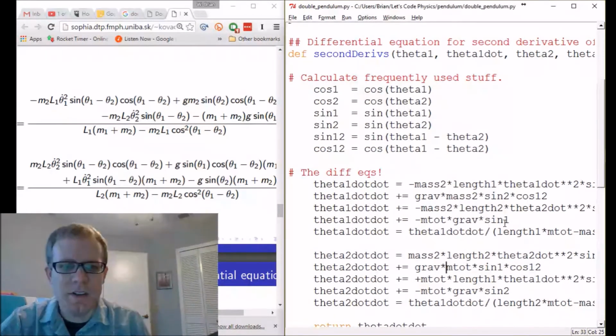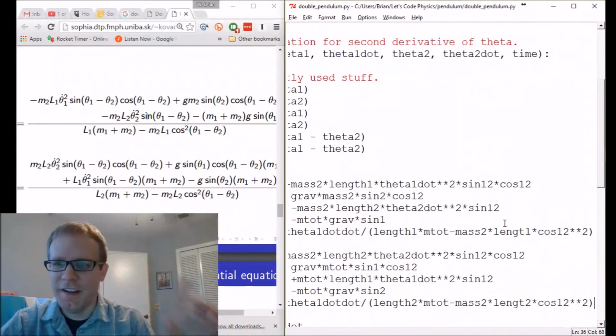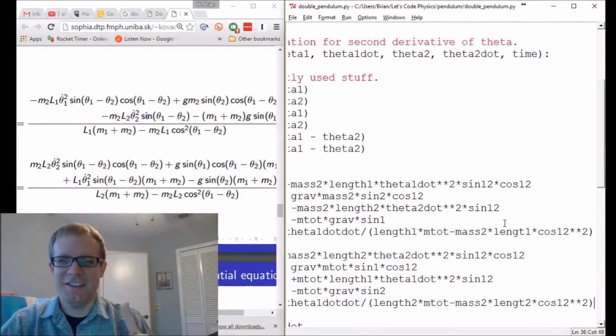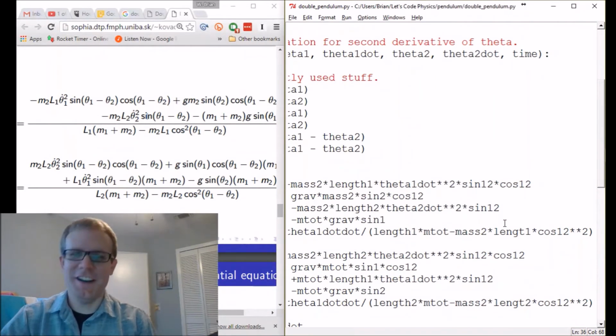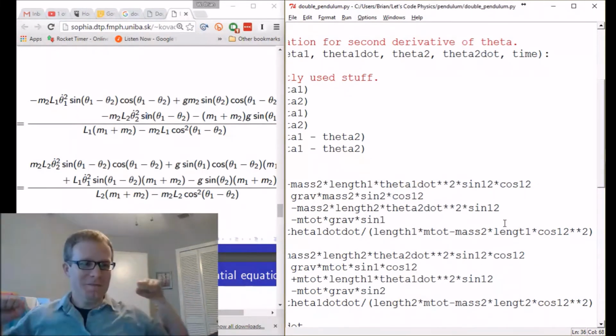Plus gravitational field m total cosine 1 2 sine 1. Plus mass total, length 1, theta 1 dot squared, sine 1, 2, and then minus m total, gravity, sine 2. Divide by length 2, mass total, minus mass 2, length 2, cosine 1, 2 squared. All right. Take a little break from that accomplishment.